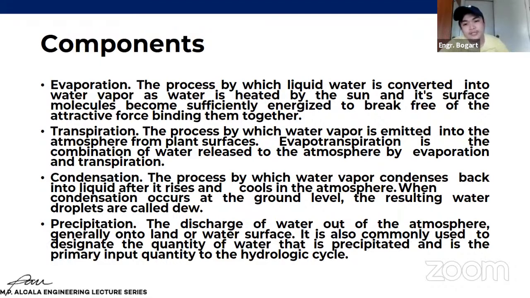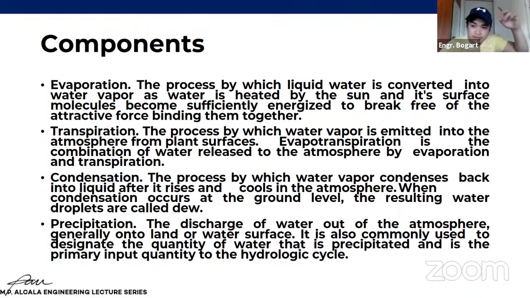Okay, evaporation is basically the water that is converted into water vapor or into gas. Okay, through the massive energy of the sun. Transpiration, the process by which water vapor is emitted into the atmosphere from plant surfaces. So basically, maybe a combination of water, evapotranspiration yung tawag. Okay?